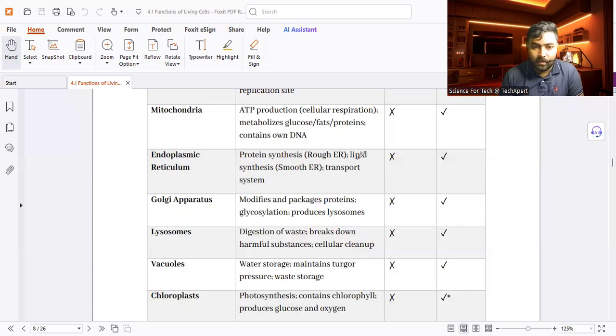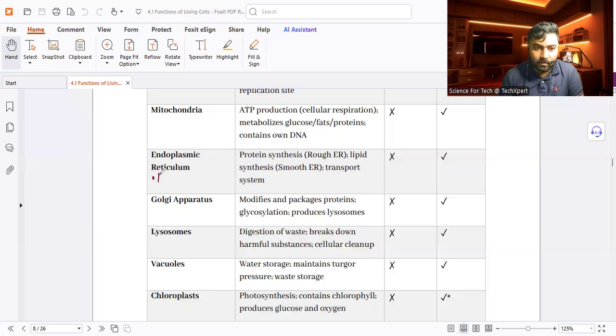Then when there are no ribosomes, it is known as smooth endoplasmic reticulum, and it can synthesize lipid and transport lipid. So there are two types of ER.